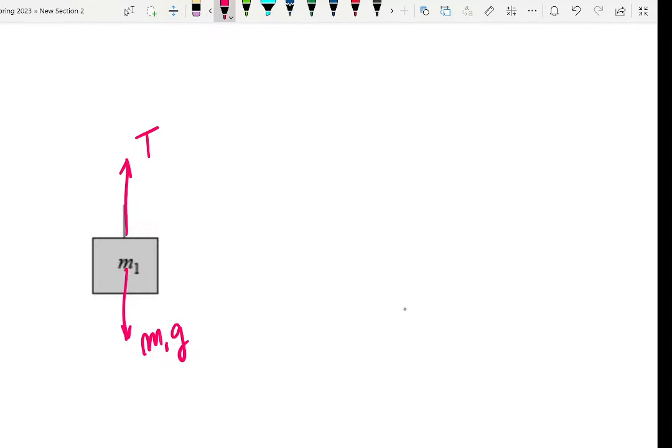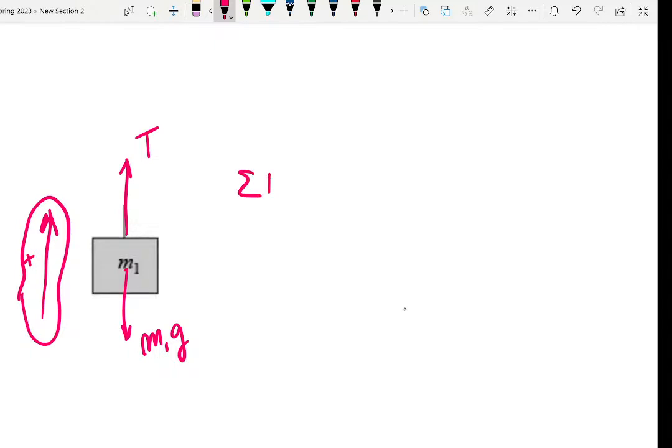Then you've got to decide what direction is positive or negative. I'm going to purposely complicate the thing by making it positive this way. And you'll see why I'm purposely complicating the thing in a minute.